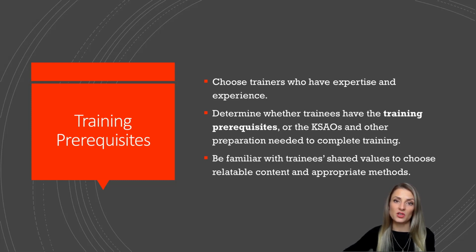Use this information to choose words and examples that have meaning for trainees and to design application-based assignments that are relevant to their real lives and to their work. And this information can be used to choose methods that meet the needs of multiple groups, not just one.